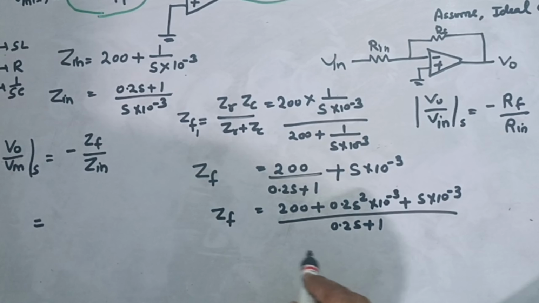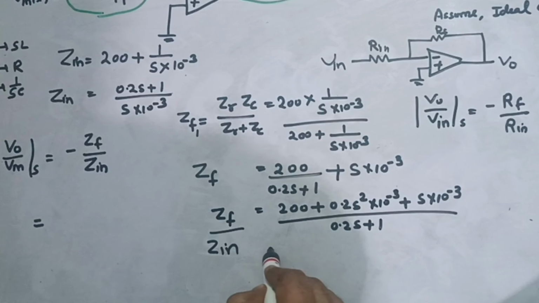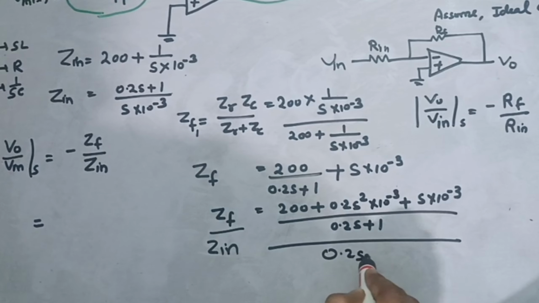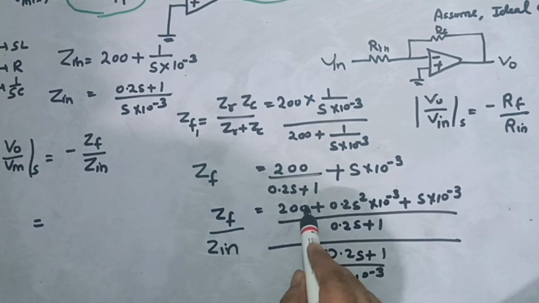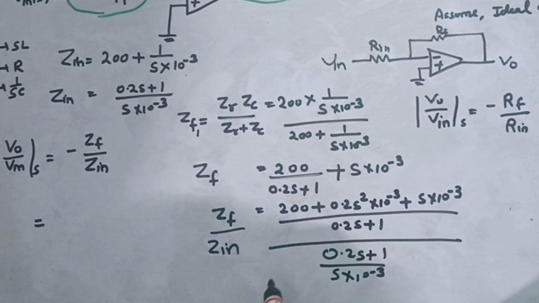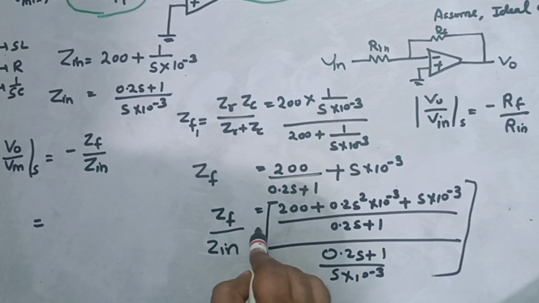So this value I will divide by Z in. If I divide this value with Z in, 0.2s plus 1 into s into 10 to the power minus 3 will get multiplied with this numerator part, and these two will become whole square, obviously with a minus sign here because this is an inverting op-amp.